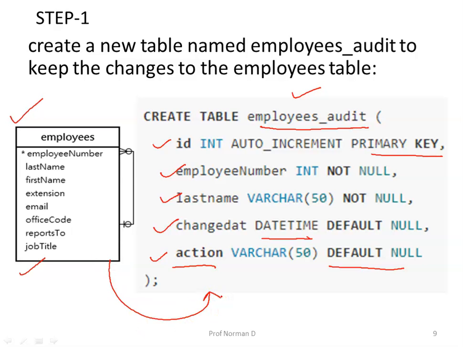So that is the reason this particular table, employee audit, has been created. So basically I will try to keep track of the last name. When an updation is done to the employees table, after the updation the new name will reflect in the employees table. But the prior name before the updation is applied will be saved in the employees audit relation.